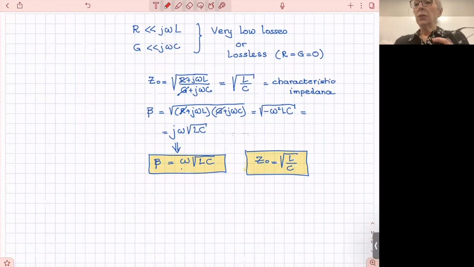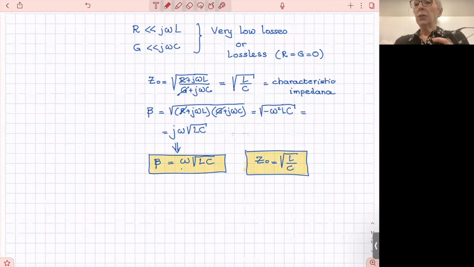Okay. Now, what happens when R is very small compared to J omega L, so your conductor losses are very low, or it is totally lossless, as in all of the transmission lines we will see from now on.